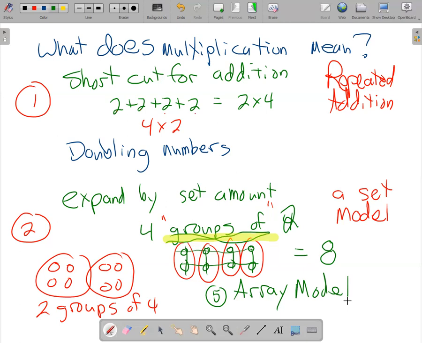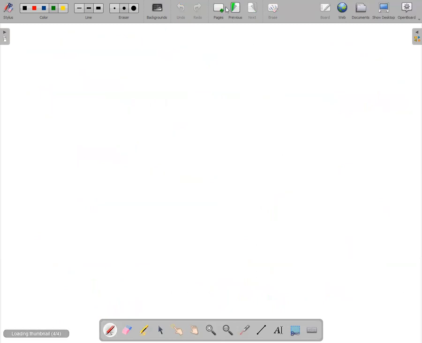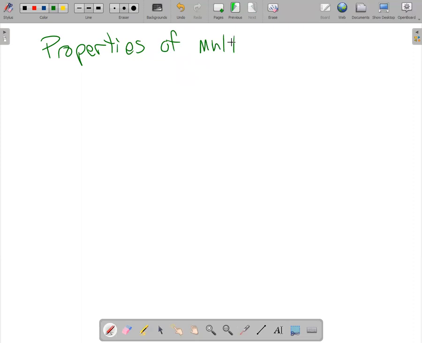Now, based on those models, all kinds of interesting things happen after that. So, properties. One property we already talked about is the idea of commutative.